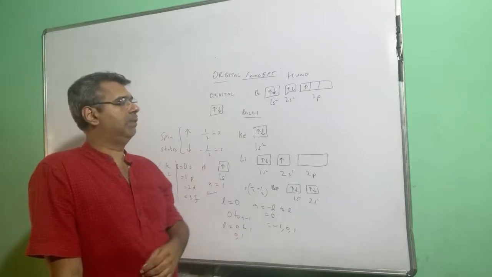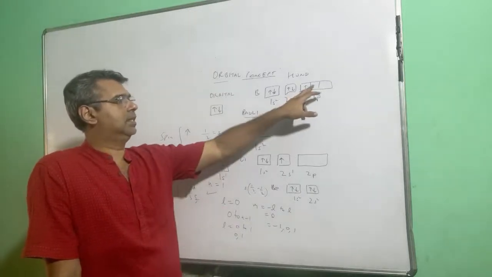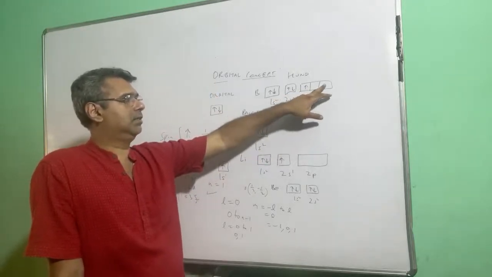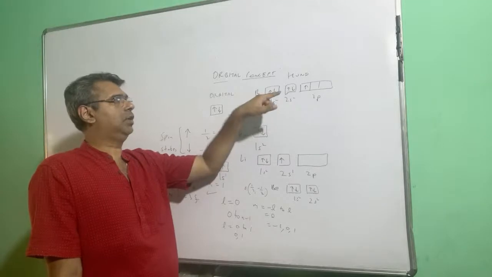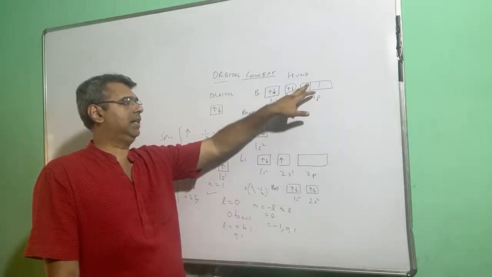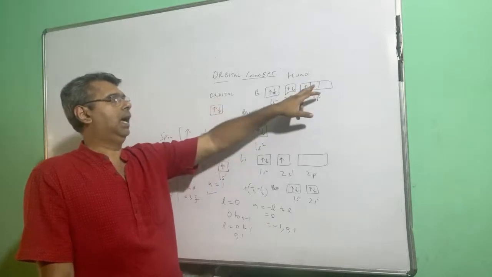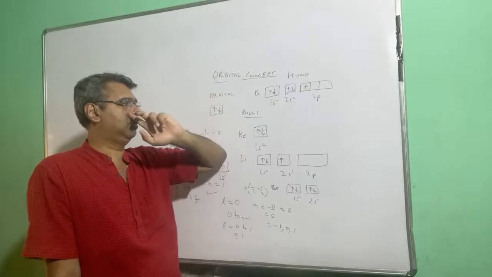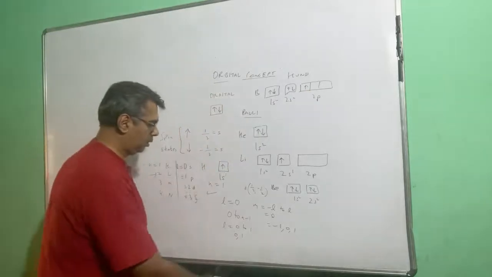According to Hund's rule, in the case of carbon, the 6th electron will come here, and for nitrogen, the 7th electron will come here. Then for oxygen, you can start coming back and pairing up. Oxygen's 8th electron will be here, fluorine's 9th electron will be here, and neon's 10th electron will be here.